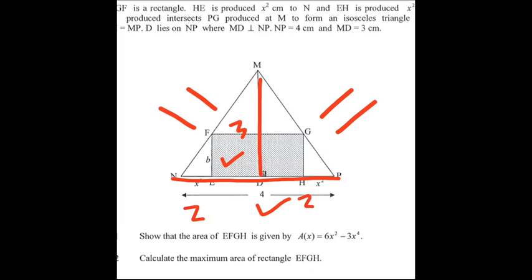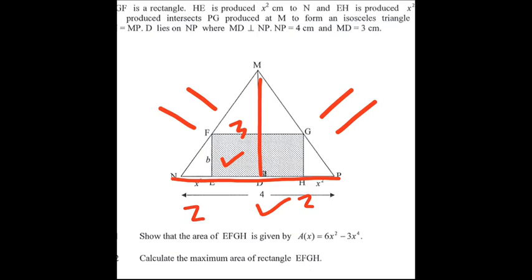Now, if you look nicely at EFGH, both pairs of opposite sides of a rectangle are equal. So EF is b and GH is also b.